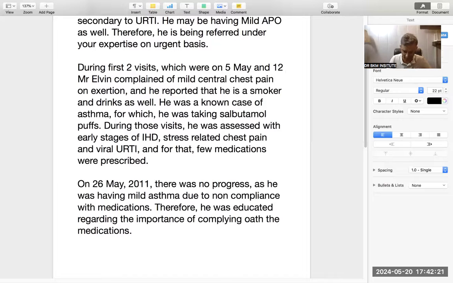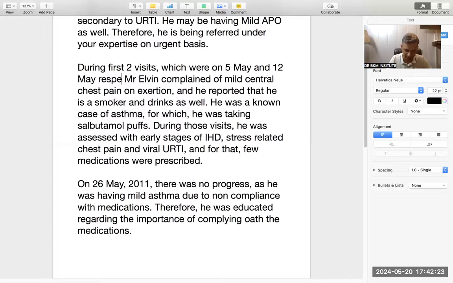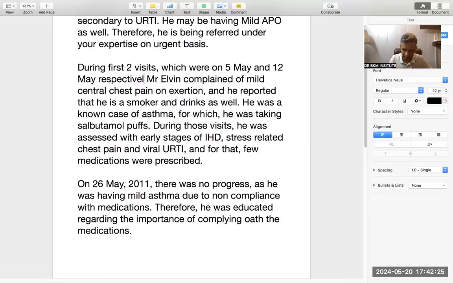This I'm doing extra just to keep myself at best. So I'm telling the doctor that the 2 visits were around 25 days ago, and 12th means around almost 18 days ago. Today is 1st June. So that's what I'm extra trying. So this is very nice. Which were on 5th May and 12th May respectively.